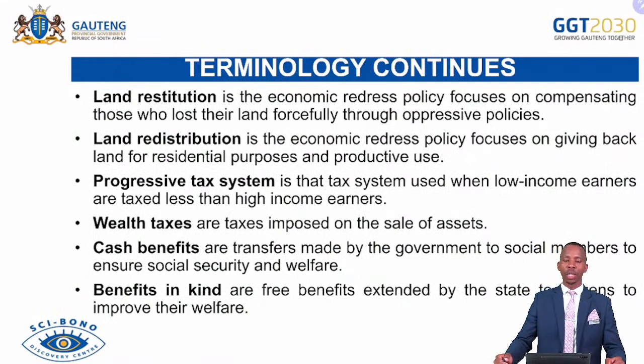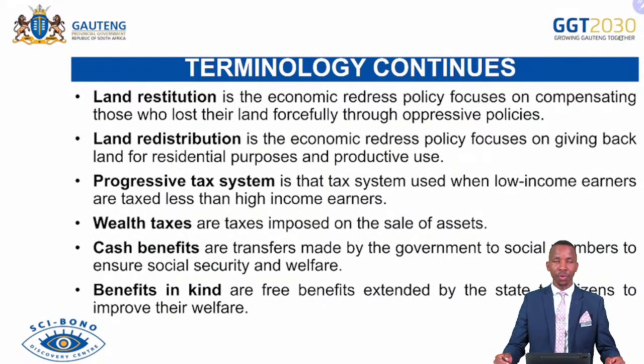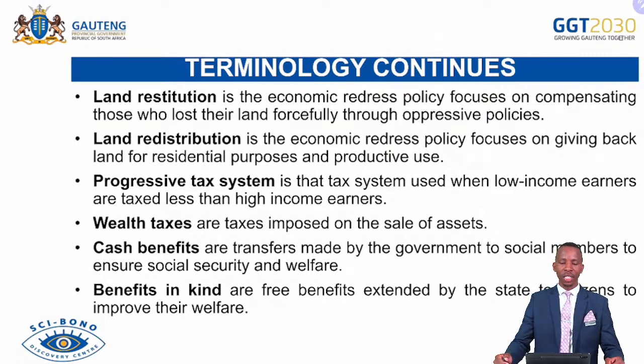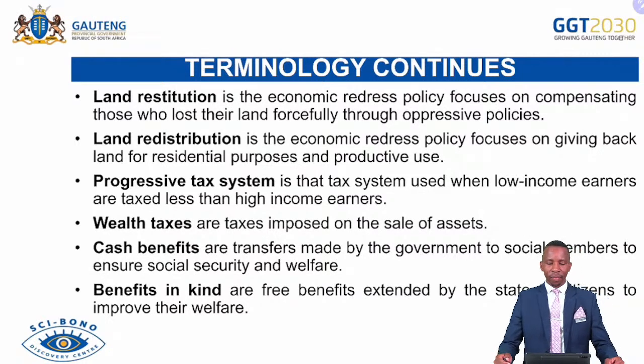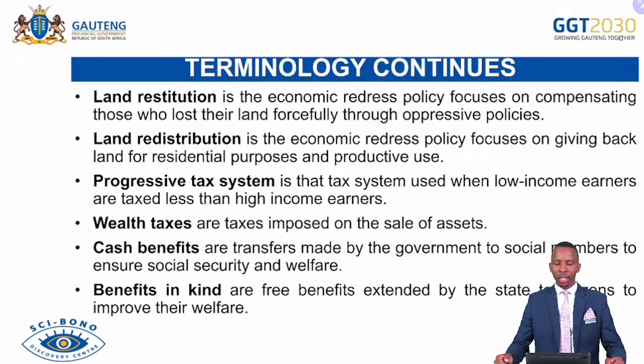We continue with the terminology. Land restitution. This is the economic redress policy focused on compensating those who lost their land forcefully through oppressive policies. Land redistribution is the economic redress policy focused on giving back land for residential purposes and productive use. The progressive tax system is the tax system used when low-income earners are taxed less than high-income earners.